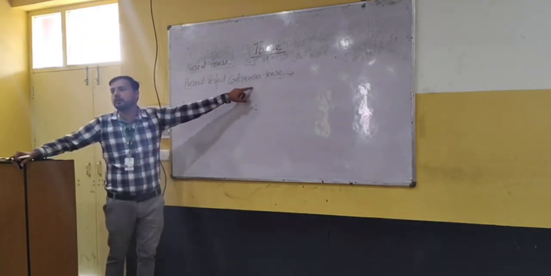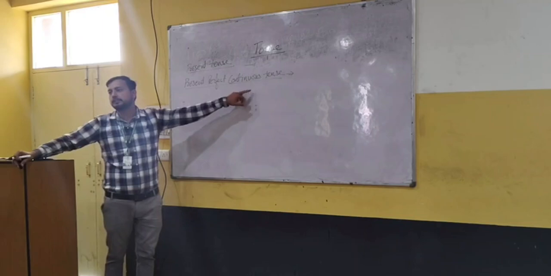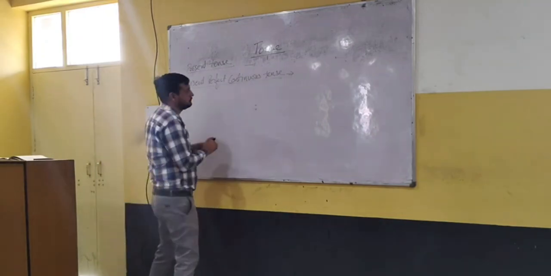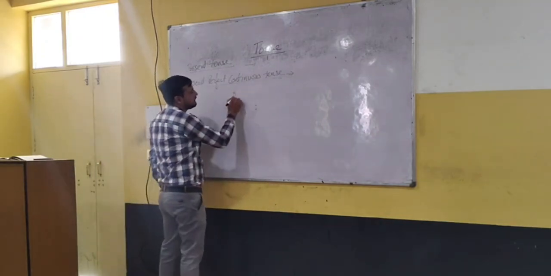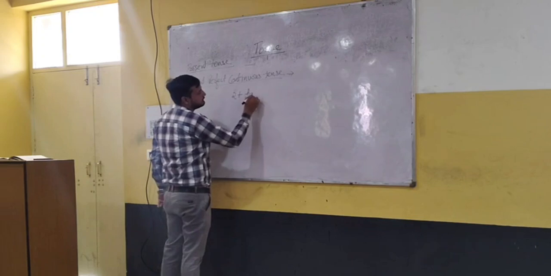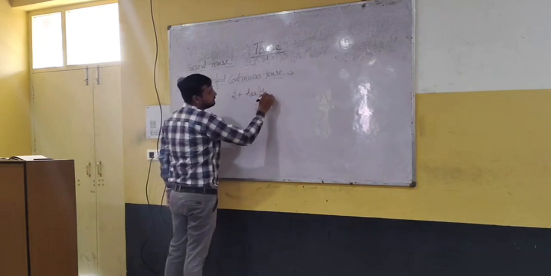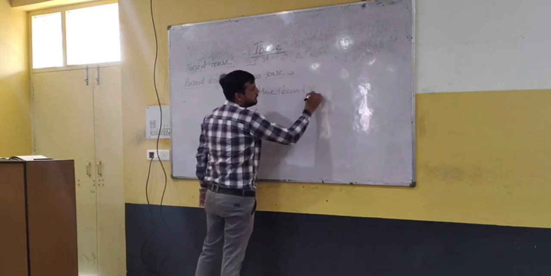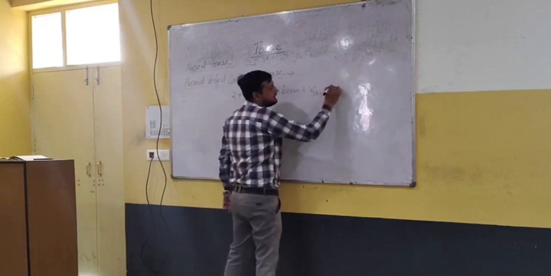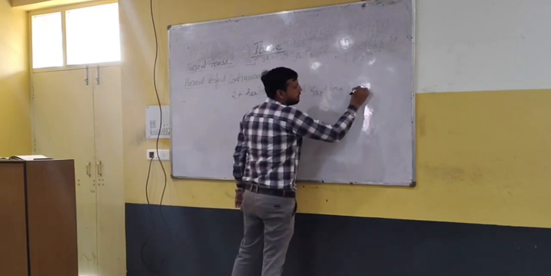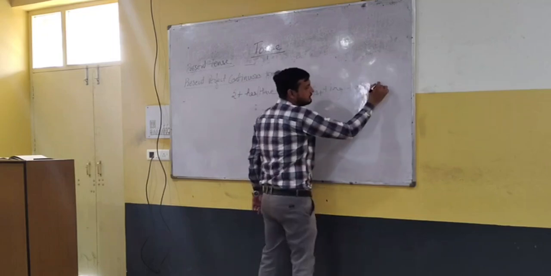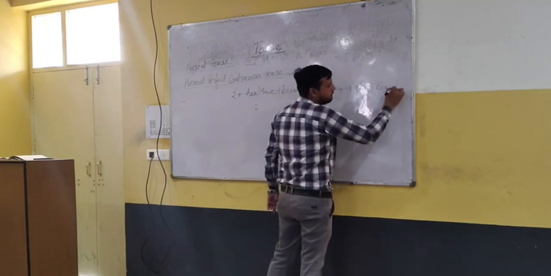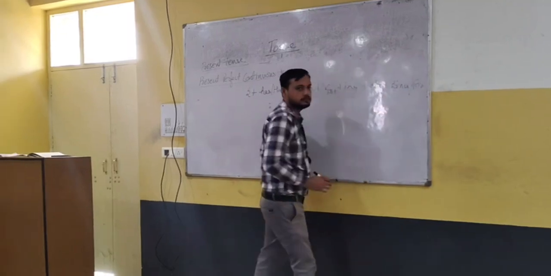This is the spelling of continuous. Clear? Subject plus has, have plus been plus verb की first form plus ing plus object, and you have to mention the time, since or for.